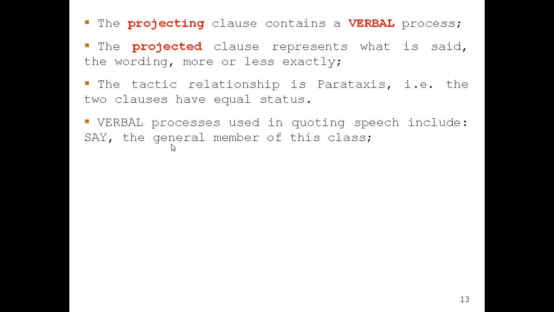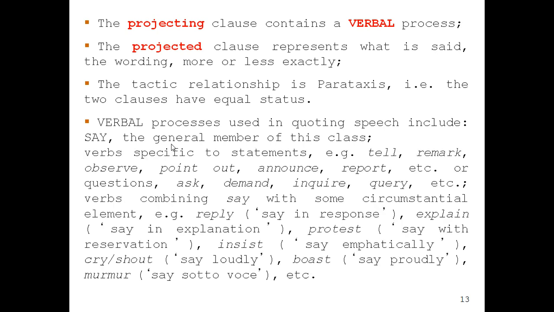So let's see some examples of verbs. As I said, I know that students like to have lists of verbs to study. These are all verbs that can project. But as I said, it's not an exhaustive list. You can have many, many more verbs that do that.